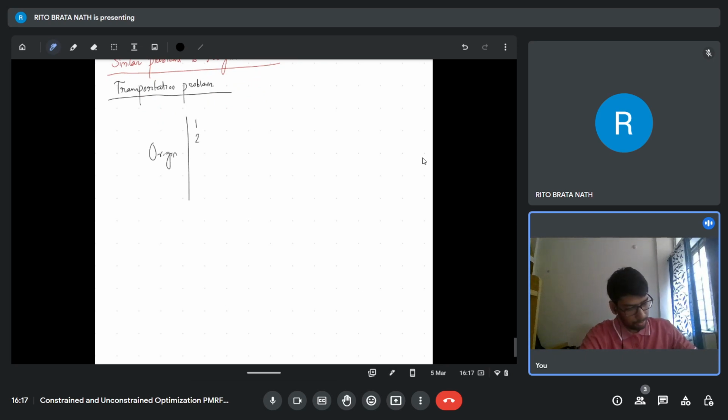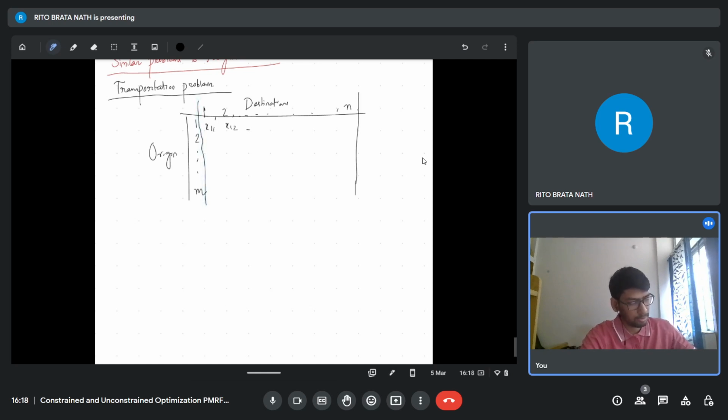Suppose you have 1 to m origins, and then you have certain destinations, which you can name 1, 2, up until n. So it's how much quantity you will be moving from one origin to the other destinations. So this is x11, x12, and so on. This is x1n. This is xm1, and this is xmn. So these are your decision variables.